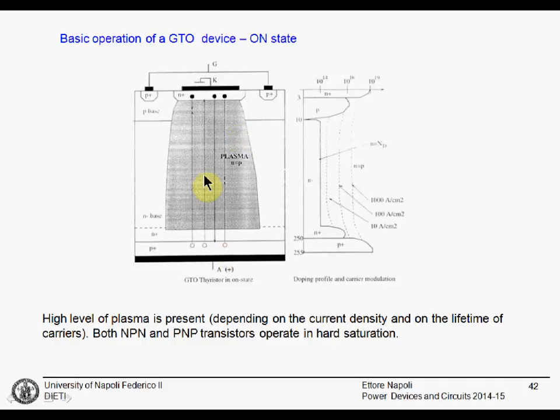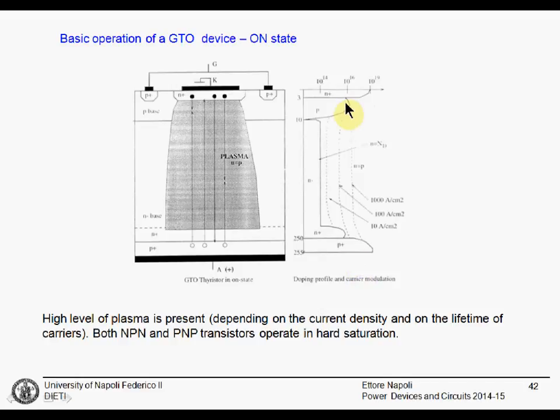But there are also carriers that do not recombine because the transport factor is good, and there are holes that directly arrive as current to the gate, and vice versa. And they recombine here directly with the electron. The holes recombine with the electrons here, and the electrons recombine with the holes here.